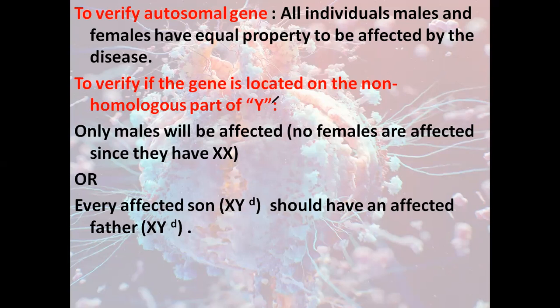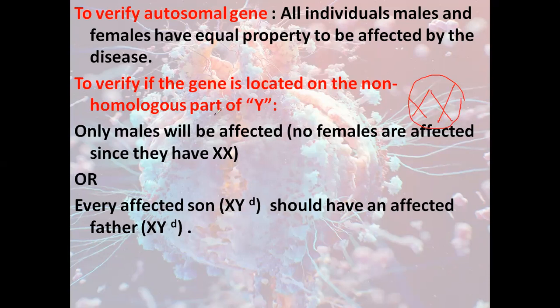Why? Because the females have XX. They don't have Y, so all of them should be normal. So this is one solution. If one of the females is affected, then it's not the case.